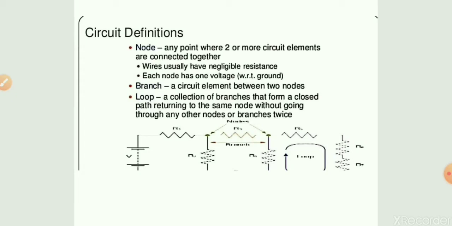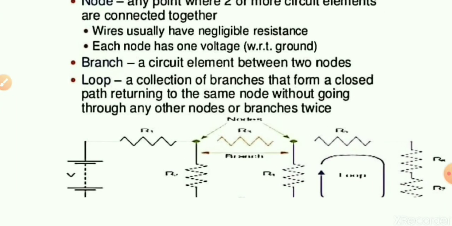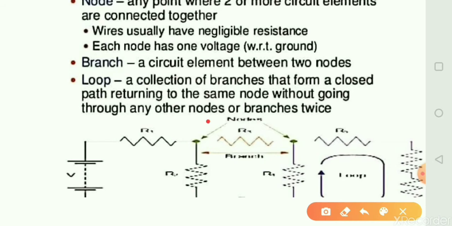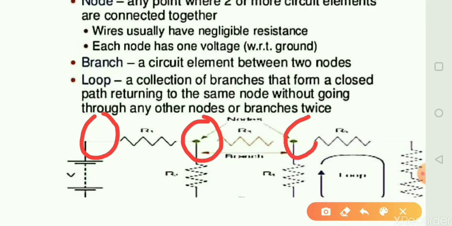Generally, wires have negligible resistance because there is very small voltage drop. Each node has one voltage with respect to ground. If we see here, this is node 1 and this is node 2 and this is node 3.